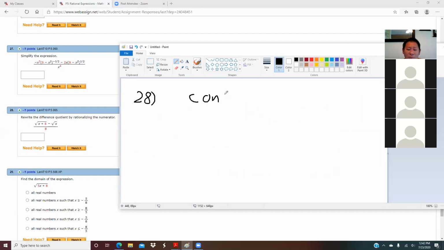I don't know, do you guys still remember conjugate? Anyone still know what conjugate means? A plus B, the conjugate will be what? What's the conjugate for A plus B?